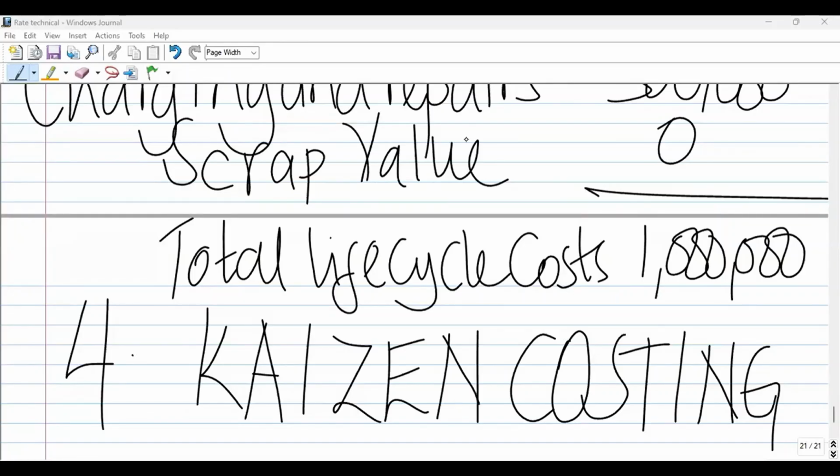It relies heavily on employee empowerment.